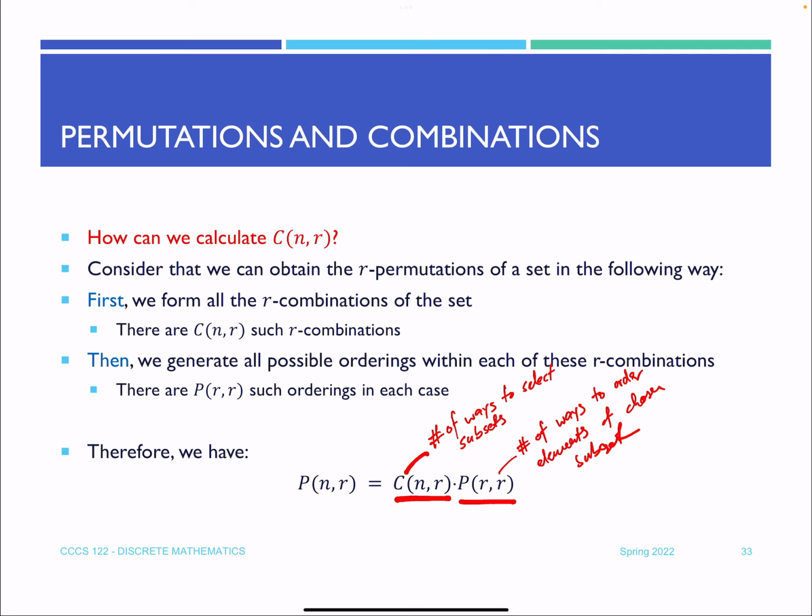And that is basically what will make P(n, r). Now we have an expression for P(n, r).